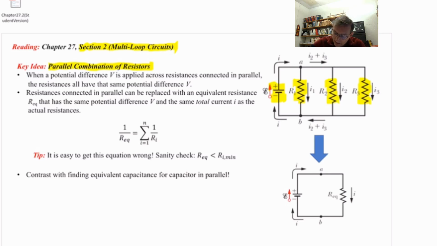Their top side, here, here, and here, are all effectively connected together. And then the bottom side, here, here, and here, are all effectively connected together. That's a parallel combination of resistors.